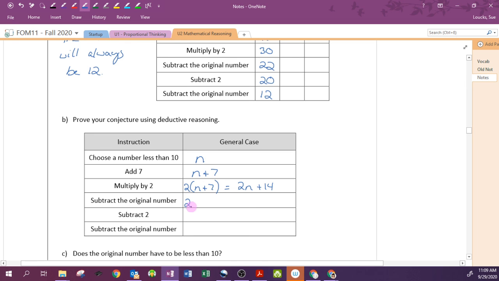Now I've got 2n plus 14, and I'm subtracting an n, which means I now have n plus 14. If I have n plus 14 and I subtract 2, I have n plus 12. And if I have n plus 12 and I subtract n, I just have 12.